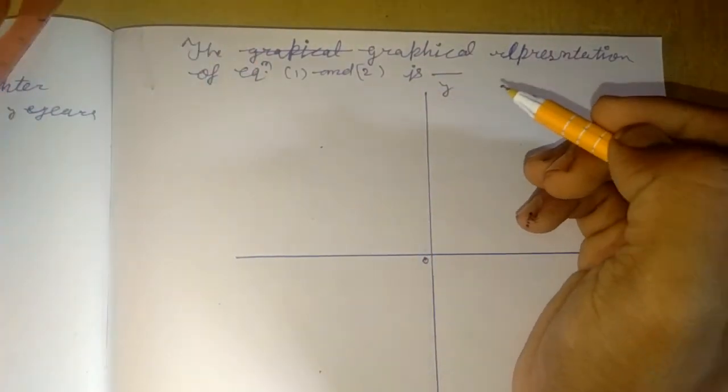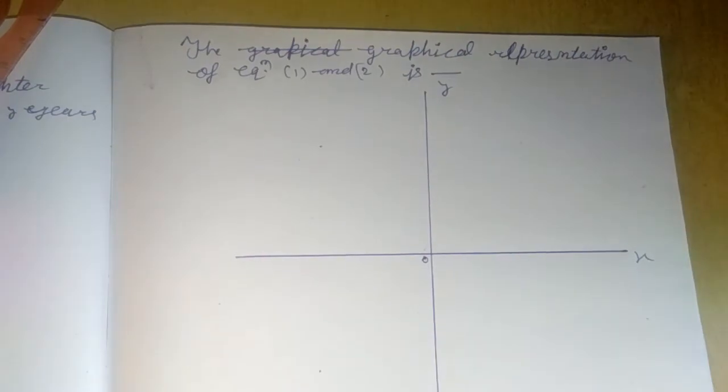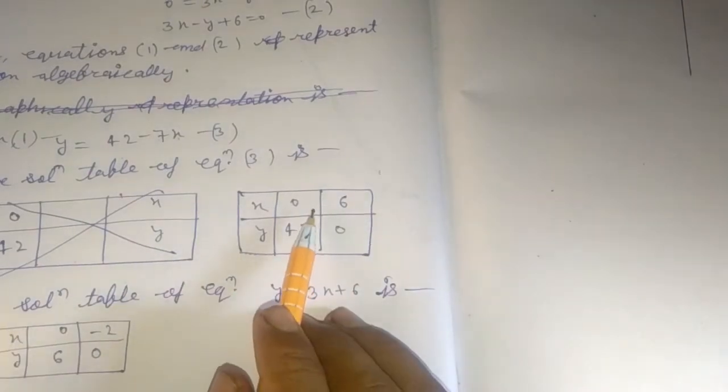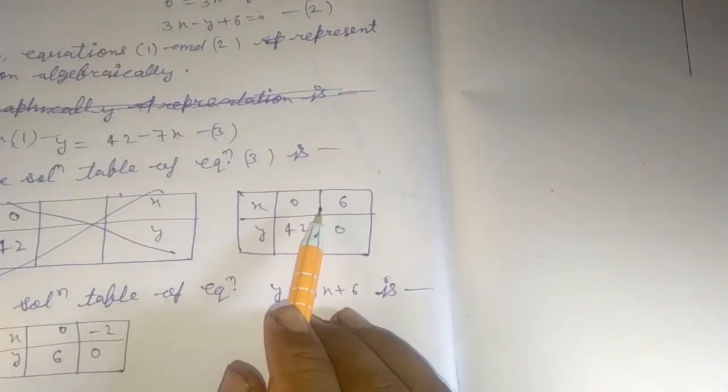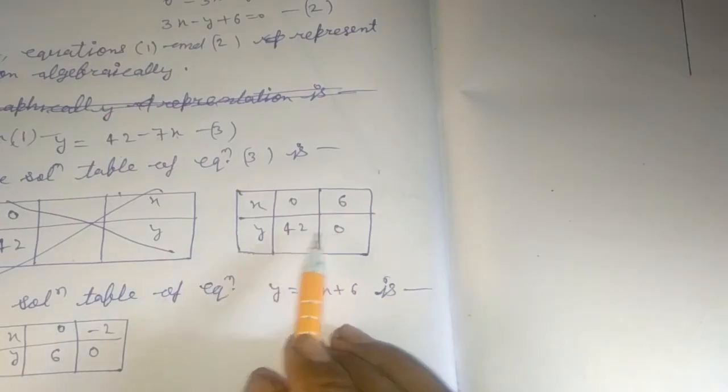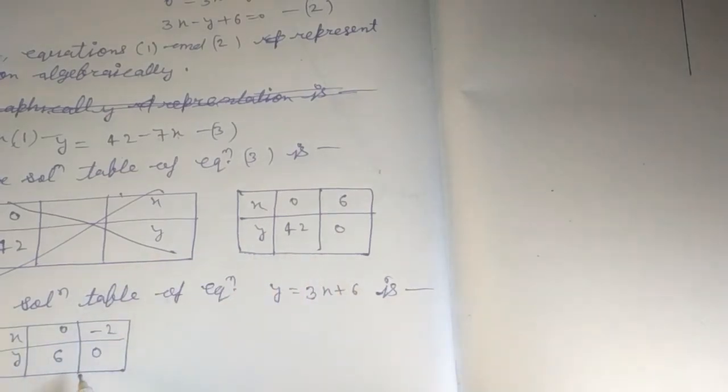First we will observe, in both tables, the maximum value of x and the minimum value of x, and the maximum value of y and the minimum value of y.